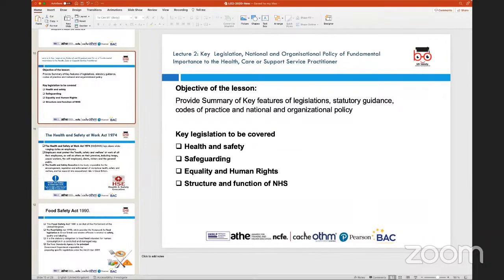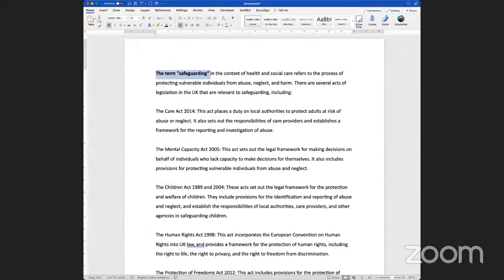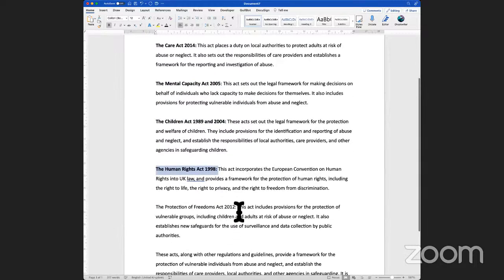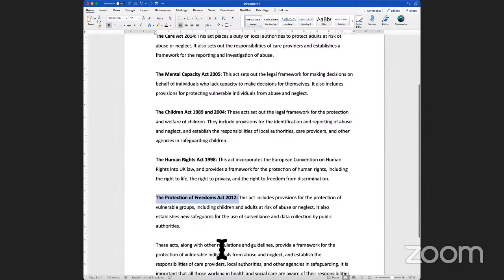Now, there is again a small handout which I have created, and if I just briefly show it to you, it talks about what is safeguarding, and which particular acts it works with or directly relates to when it comes to ensuring that people are not put into harm's way, they are not discriminated against, and they are protected from abuse, neglect, or exploitation.